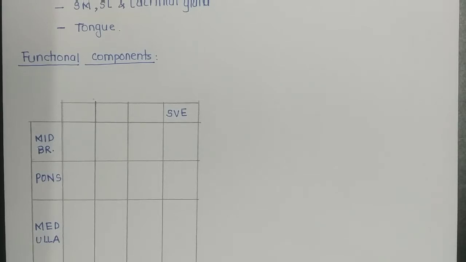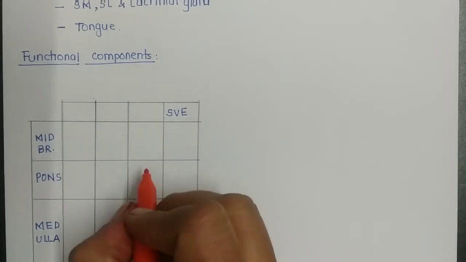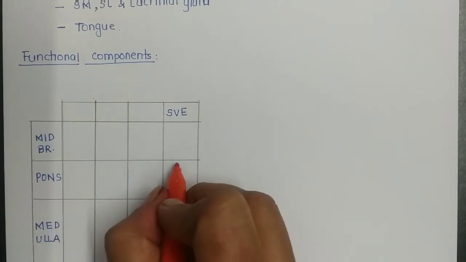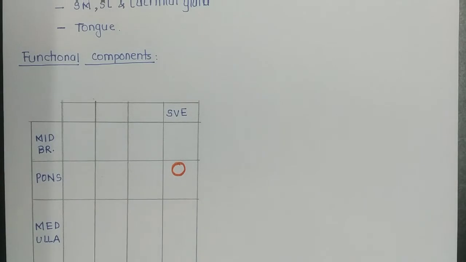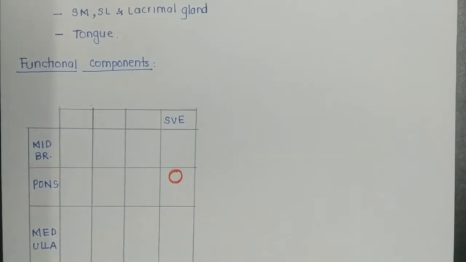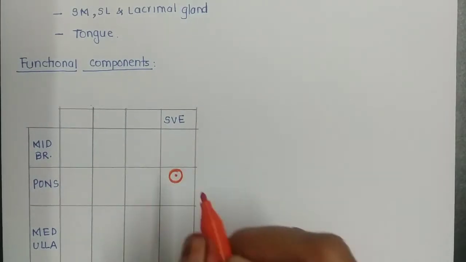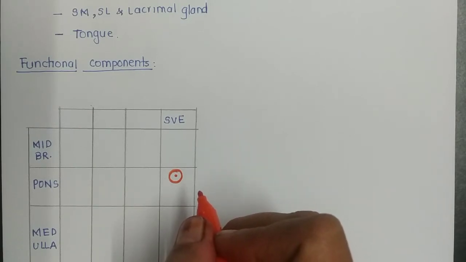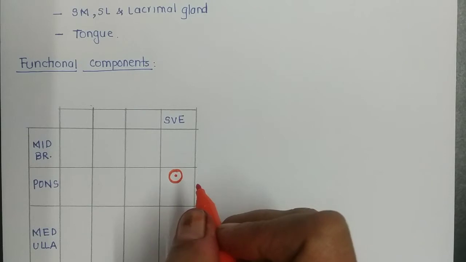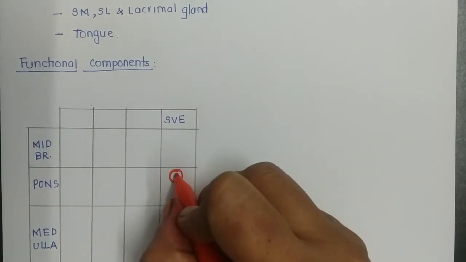So in the facial nerve also, these special visceral efferent fibers, they arise from the motor nucleus, which is located in the pons. So this is the motor nucleus. From it the fibers arise and they supply the muscle derived from mesoderm of second branchial arch, that is the muscle of facial expression.